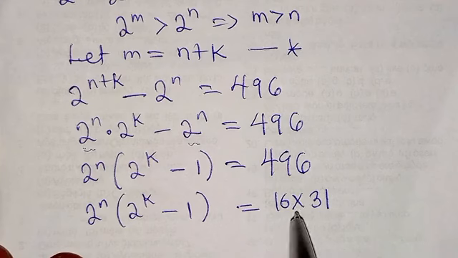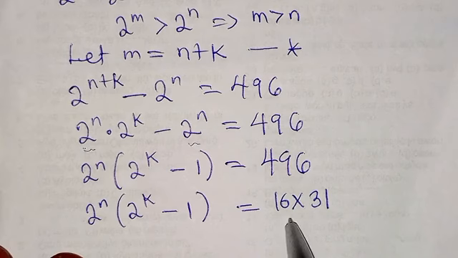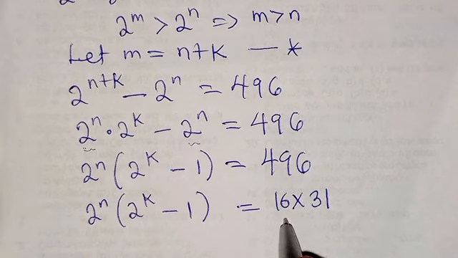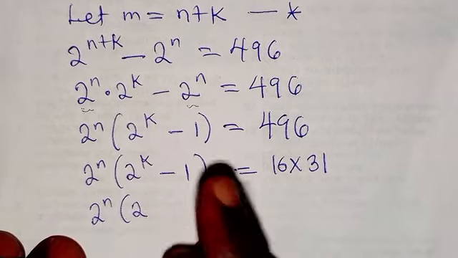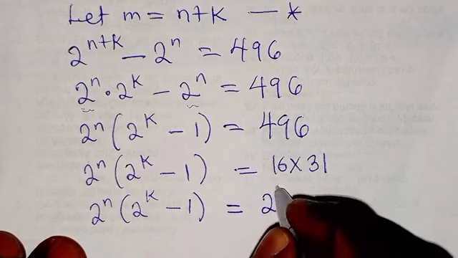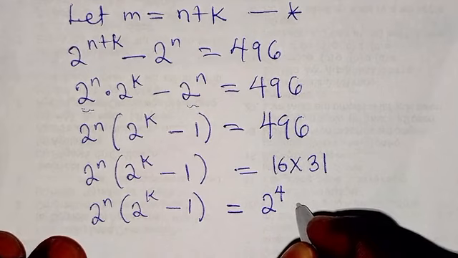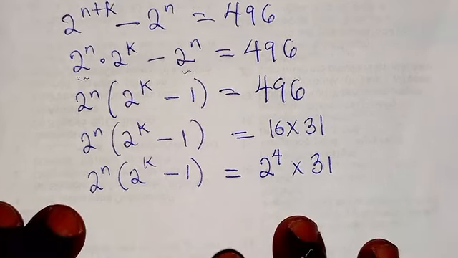So that is why we have to be very careful in picking the factors we have. So here we have 16 times 31, so we can see that we have 2^n times (2^k minus 1), which equals 2^4 multiplied by 31.